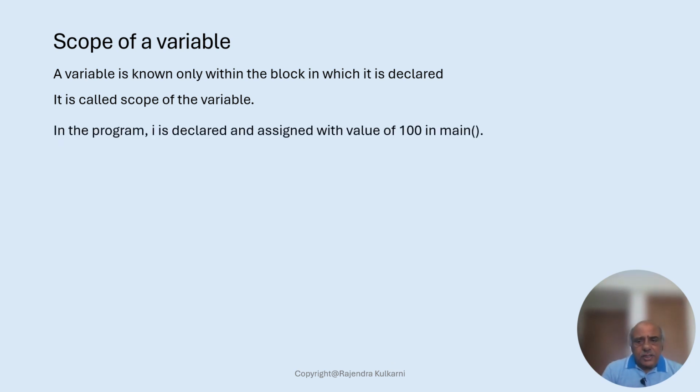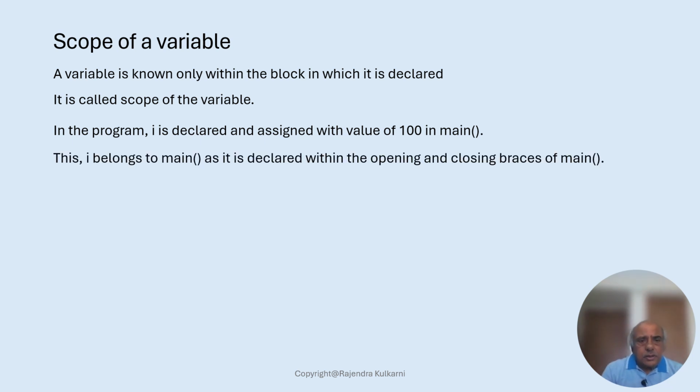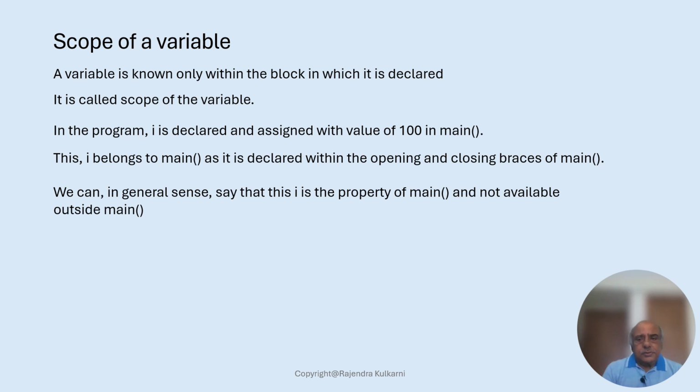In this program we declare i as 100 in main. This i belongs to main as it is declared within the opening and closing braces of main. It is declared in the code of main. So in simple terms we can say that this i is the property of main, and since it is declared in main, it belongs to main, it is not available outside main.